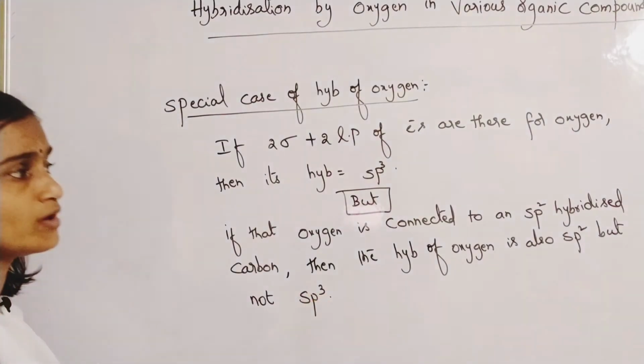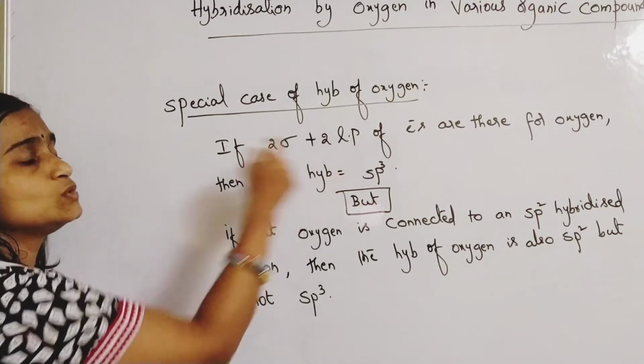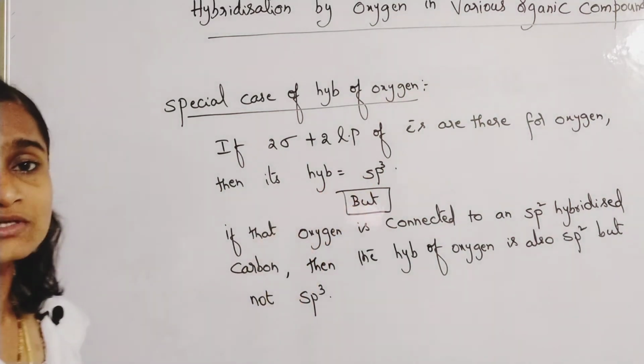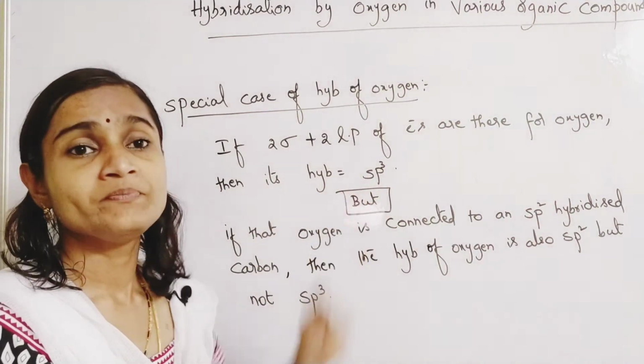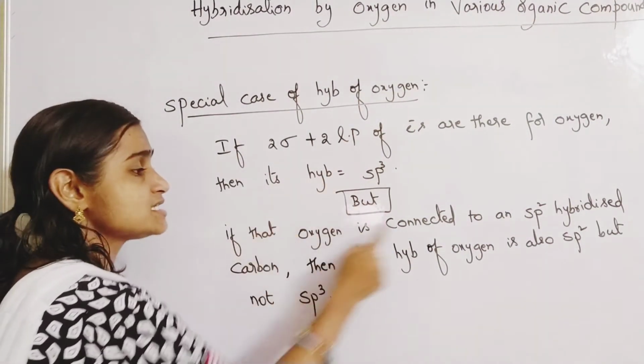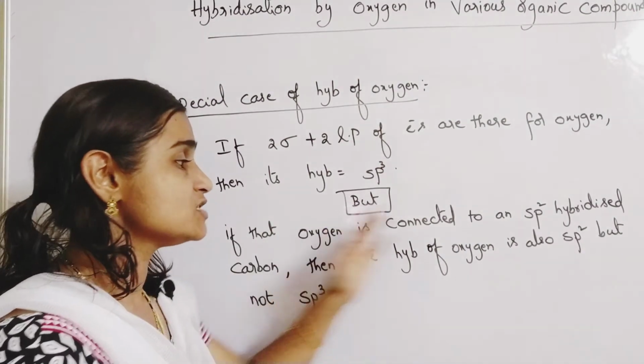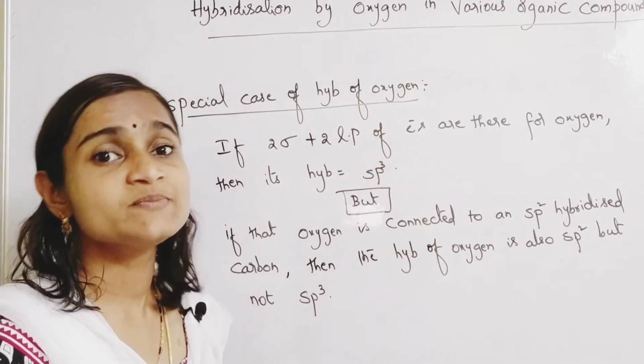Please understand my point carefully. 2 sigma bonds, 2 lone pairs: if they are there, you will think the hybridization of oxygen to be what? sp3. But if that oxygen is connected to an sp2 hybridized carbon, then the hybridization of oxygen is also sp2 only.